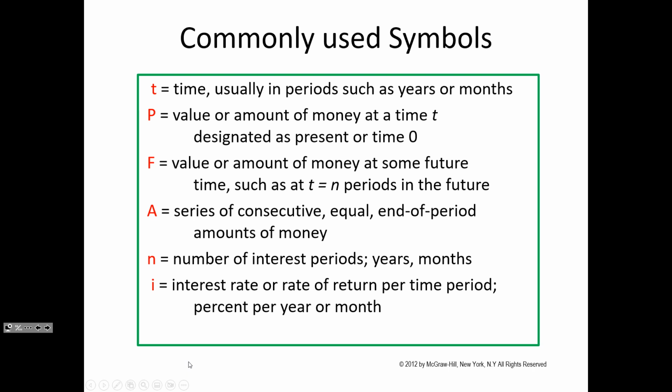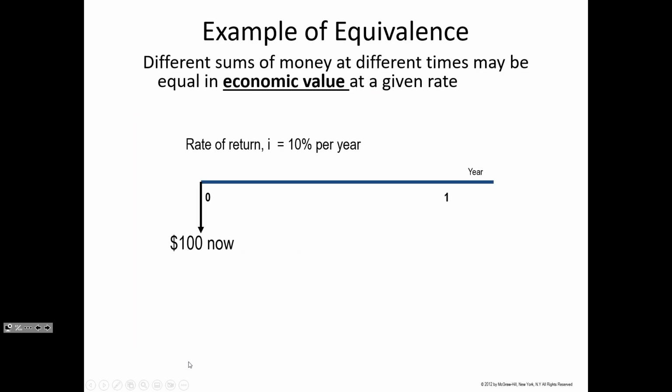So here are some of these symbols again. We've seen them before. Now, what about if we know that we have $100 now and we're going to get $110 in the future? Now you've got a down arrow now and an up arrow in the future. So this looks like savings. You're depositing $100 now and you're withdrawing $110 in the future.